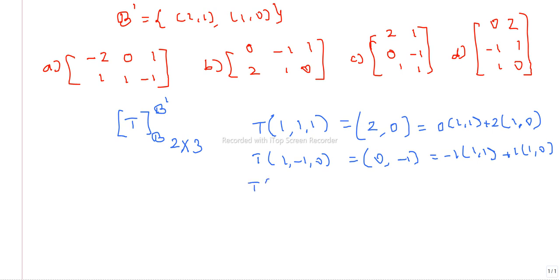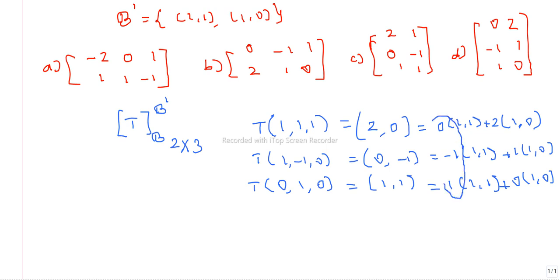And then the last basis element, T of (0, 1, 0), should be (1, 1), because of the sum of the first two and the subtraction of the last two. It should be written as 1 times (1, 1) plus 0 times (1, 0). So you write these as columns.